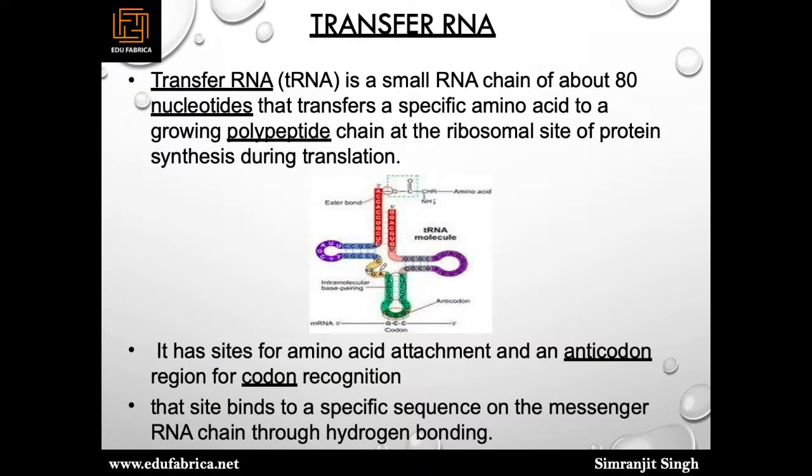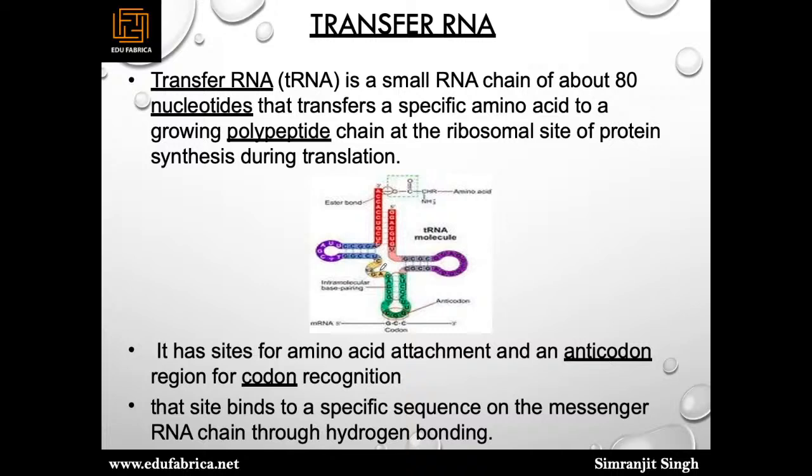Then after messenger RNA comes your transfer RNA, which is a smaller chain of about 80 nucleotides that transfers specific amino acids to the growing polypeptide chain at the ribosomal site of protein synthesis.